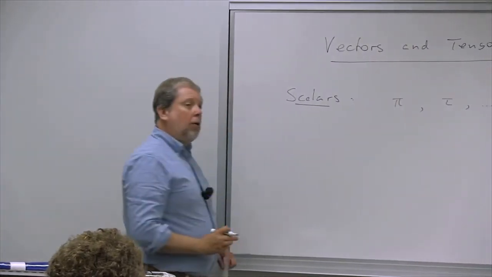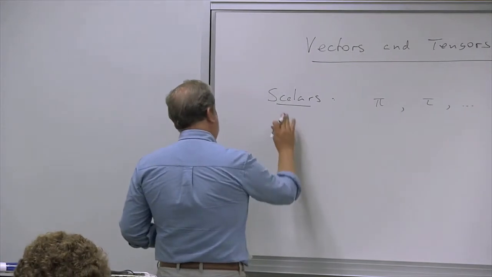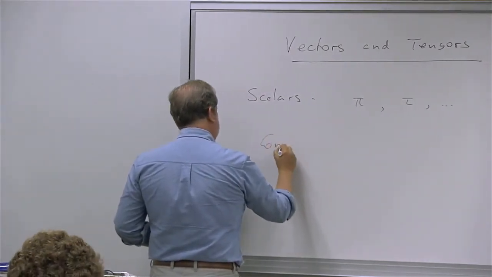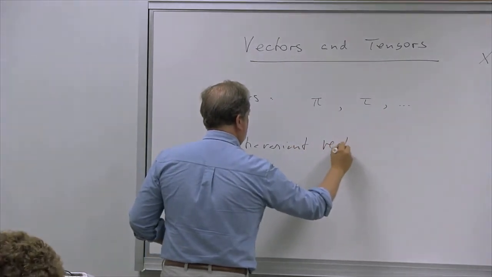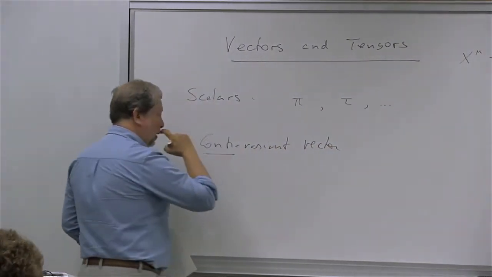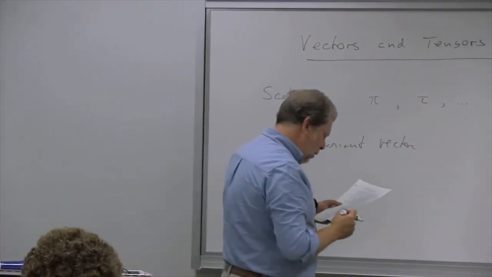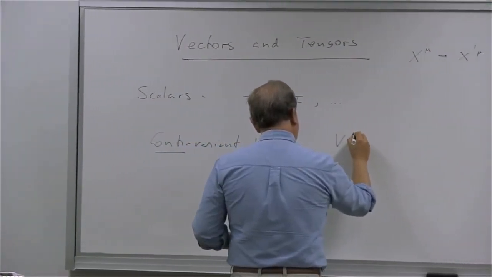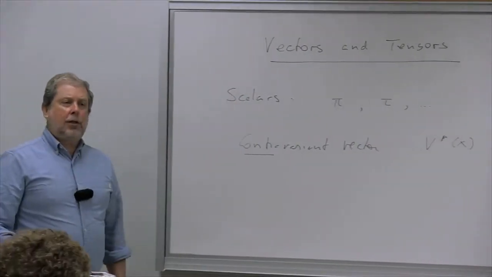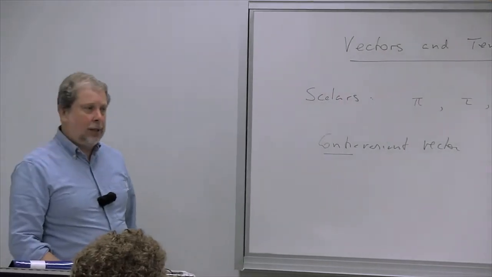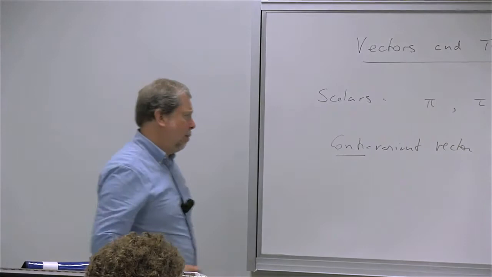Now, as far as vectors are concerned, there's two different possibilities, and the first possibility is that we have a contravariant vector. Contravariant vector, right? And that is a vector that has indices upstairs, so we're going to call that v mu of x. We will have to be very careful distinguishing objects that have an index upstairs and an index downstairs, because they will transform differently under general coordinate transformation.